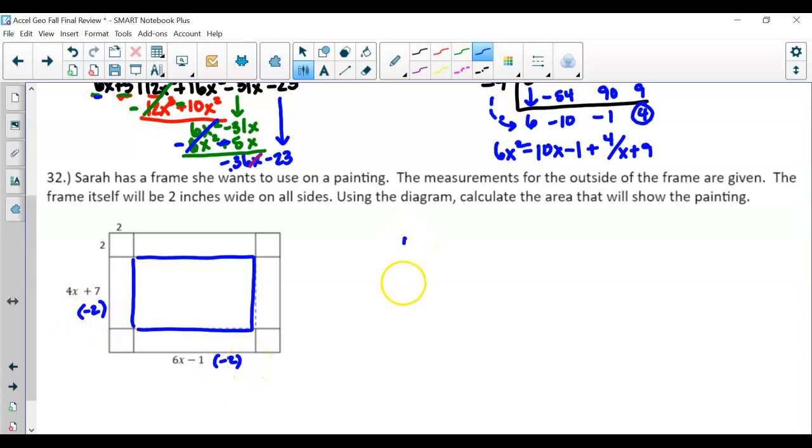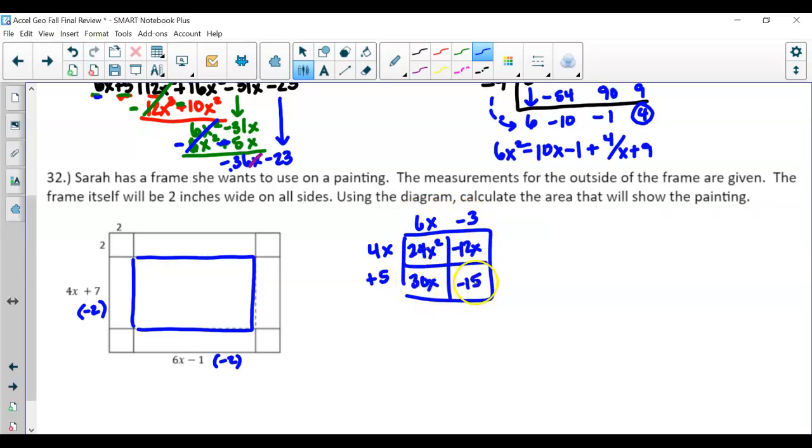So that means to find the area, you are just multiplying 6x minus 3 to 4x plus 5. So you're just taking away 2. So this is 24x squared minus 12x, and then 30x and -15. So after combining like terms, you get 24x squared plus 18x minus 15.